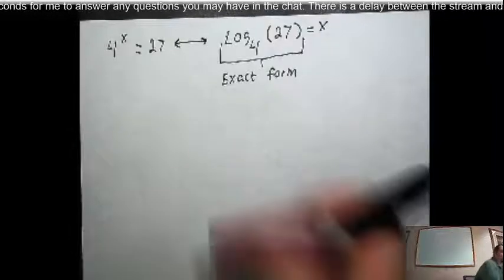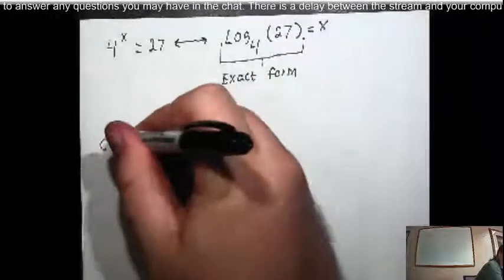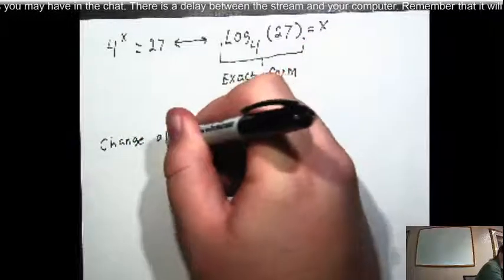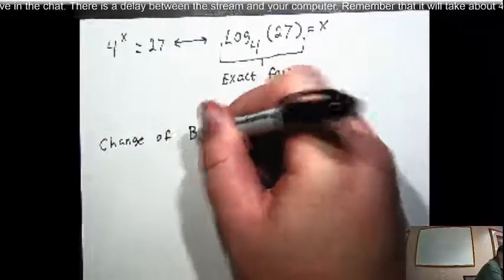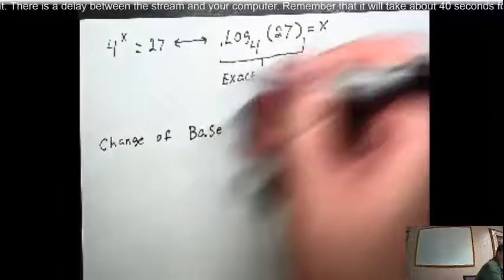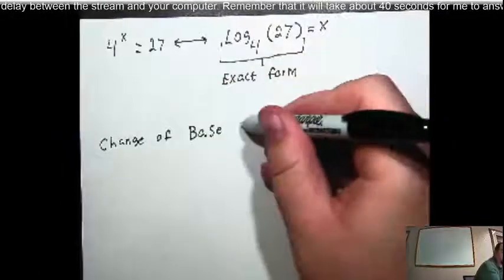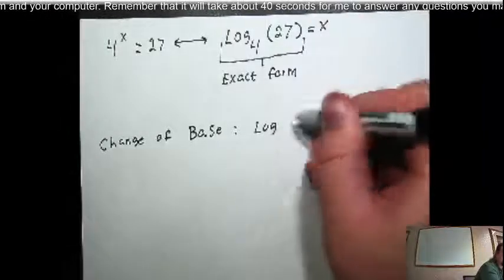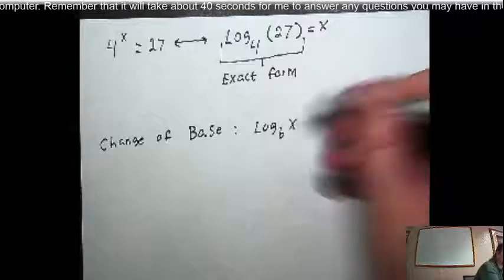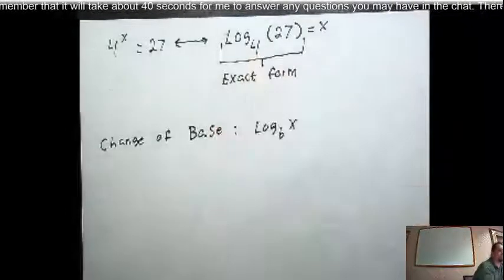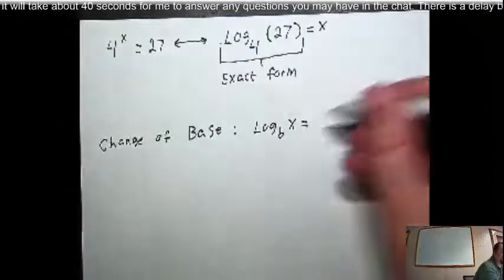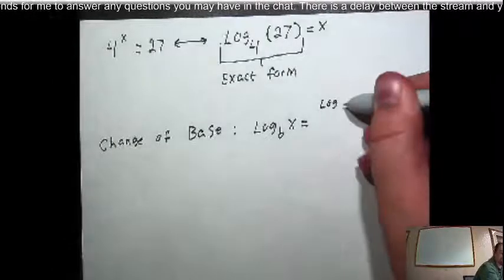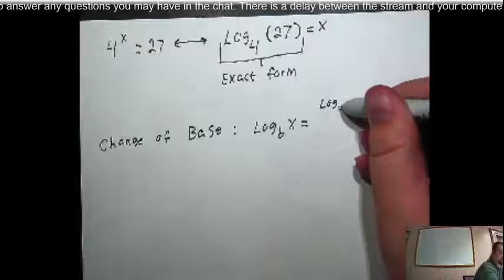So the change of base formula goes like this. If we have log base b of x, so something like this, we can make it into log base whatever we want.